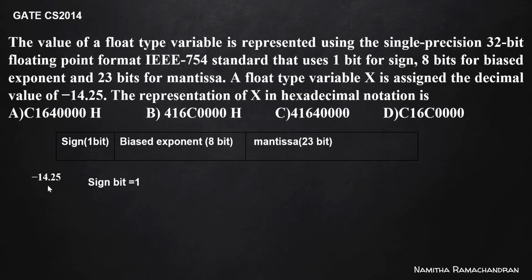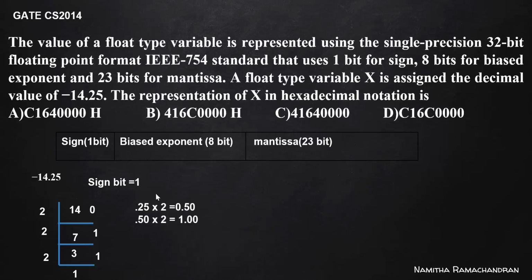The binary equivalent of 14 is 1110. Next, the binary of 0.25 is 0.01. So minus 14.25 is equivalent to 1110.01 in binary.